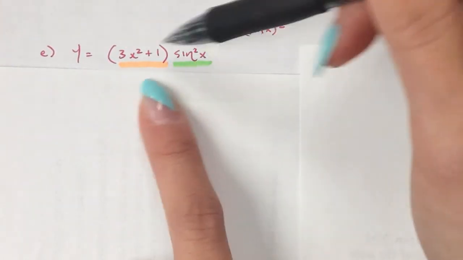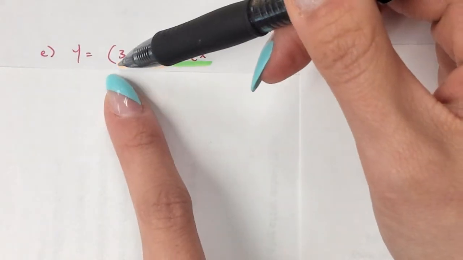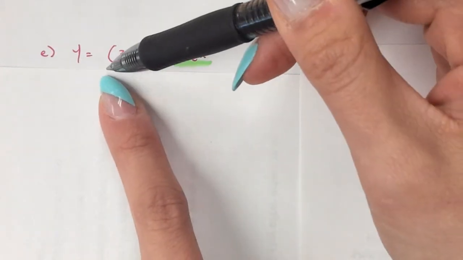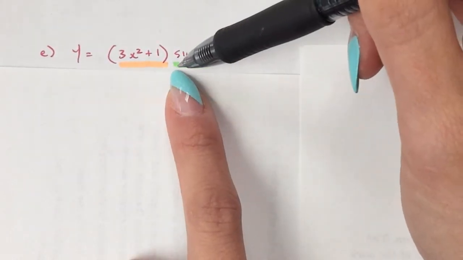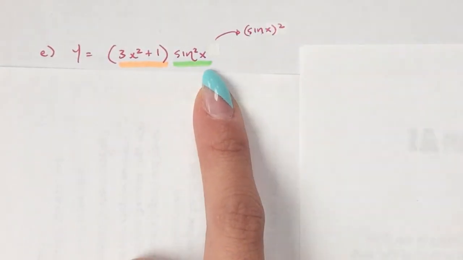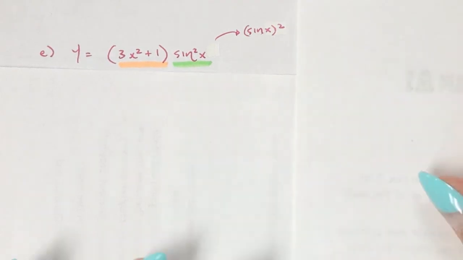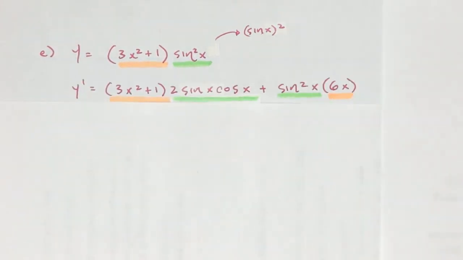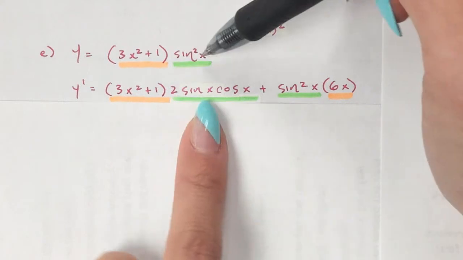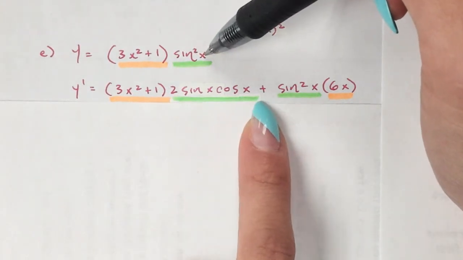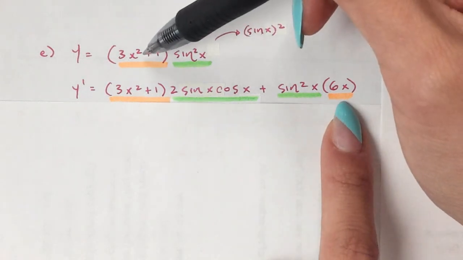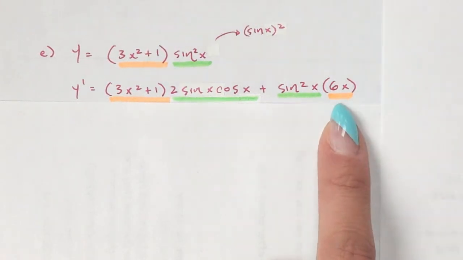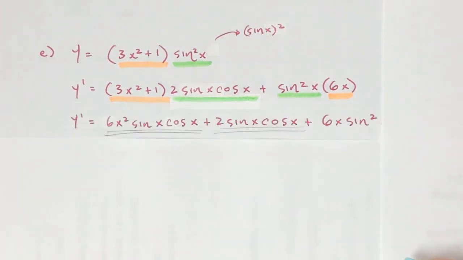So this is obviously a product rule. So I used my orange to show one thing, like my box, and then my green would be like my triangle. Okay? So using the product rule, I just go through it slowly. And then here's my box, here's my derivative of the triangle, here's my triangle, here's my derivative of the box, okay? And then I clean it up a little bit.